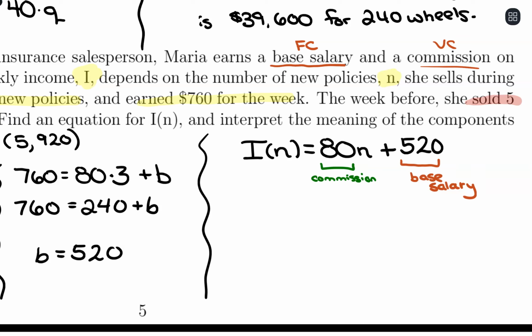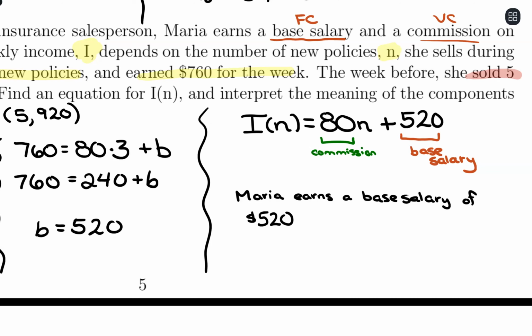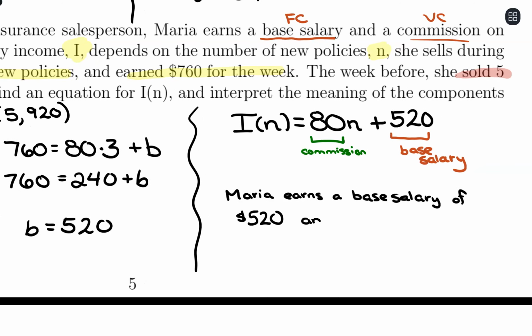So in terms of interpreting the meaning of the components, we could say Maria earns a base salary of $520 per week, or let's just put this all in the terms of a single week. Base salary of $520 and a commission of $80 per policy each week.